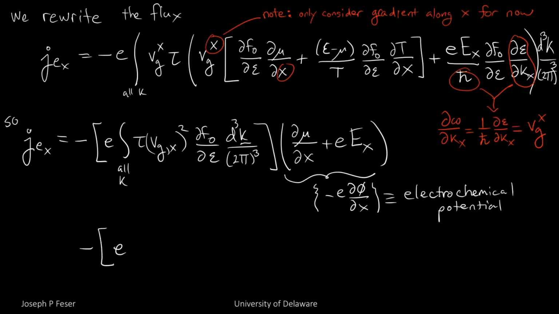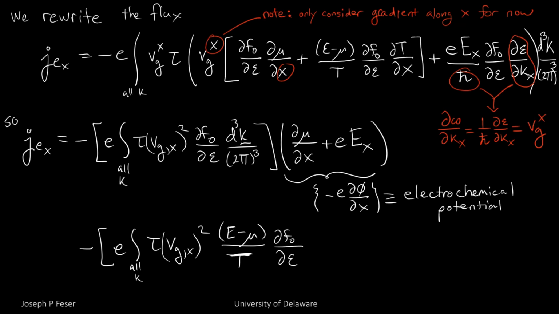Sometimes it's hard to separate those effects, so people lump them into something called the electrochemical potential. The other term contains the temperature gradient. So I'll take the portion in the integral that had the temperature gradient out and make that a separate thing. And of course, the temperature gradient itself comes outside of that integral because nothing there depends on k, which was the thing you were integrating over. Then I'll highlight these two things in front of the electrochemical potential and the temperature gradient.